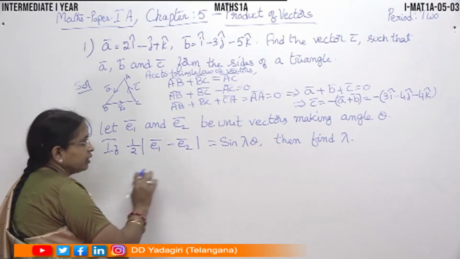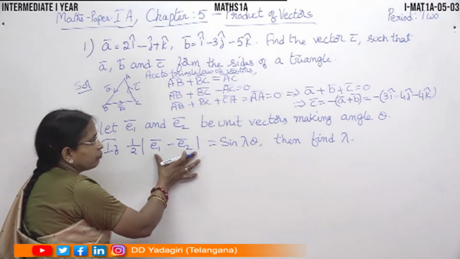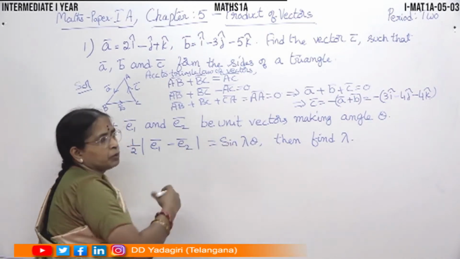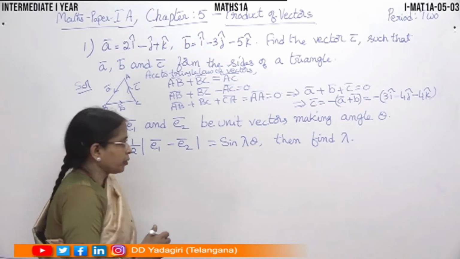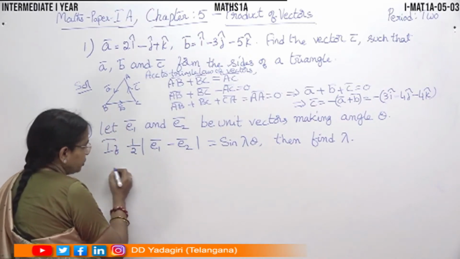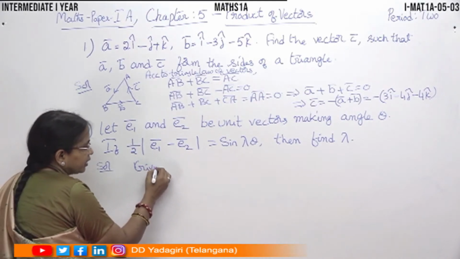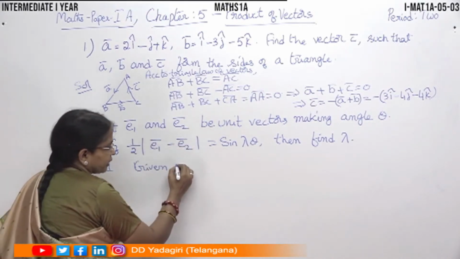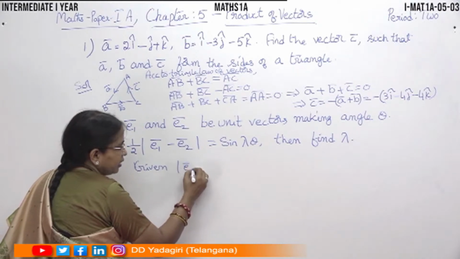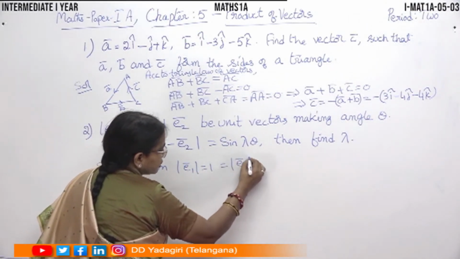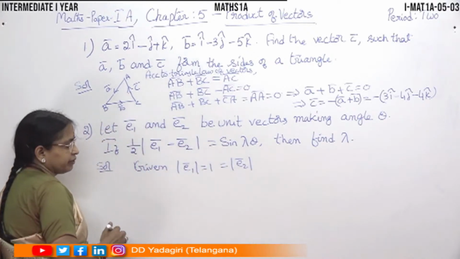So one more thing, whenever you have modulus in a problem, you should square on both sides and apply the dot product. So here you are given that E1 and E2 are unit vectors. So mod E1 is equal to 1 and mod E2 is also equal to 1 because they are unit vectors.